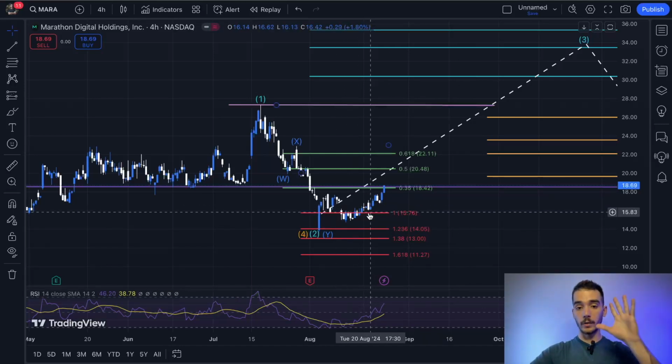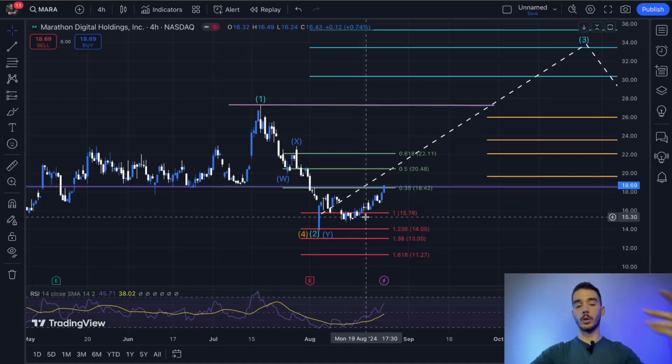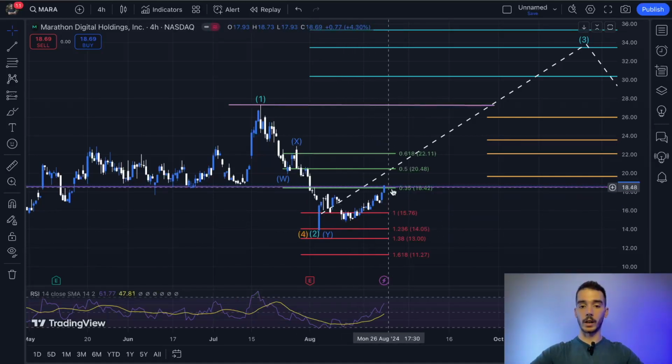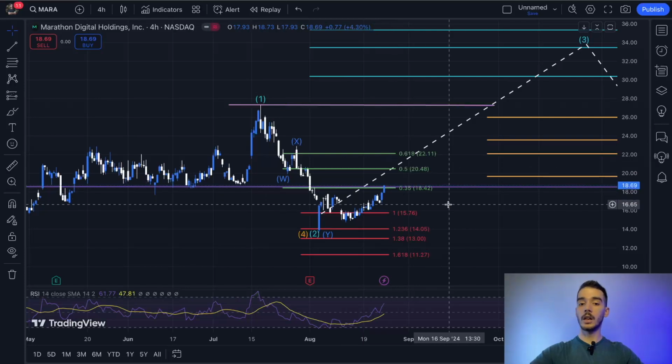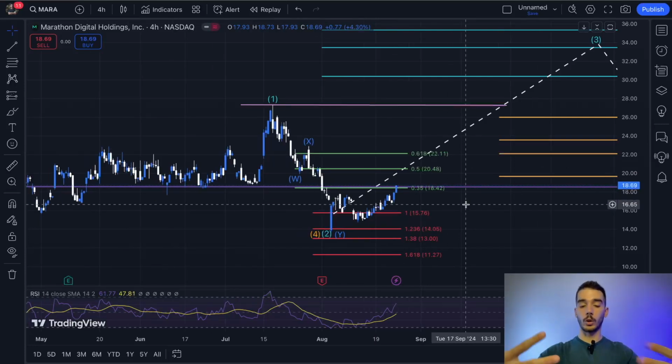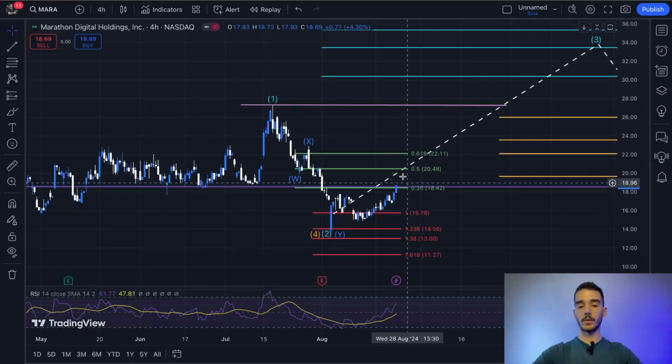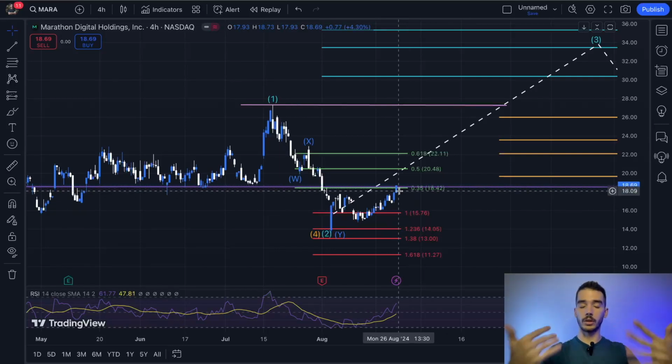By the way, very nice seeing Bitcoin go up and pushing Mara back up into this green area right here. It shows that the correlation is obviously still there, and it shows a lot of the Mara naysayers, at least the short-term Mara naysayers, that there's still recovery potential in the stock, and I personally believe there is the potential for recovery.